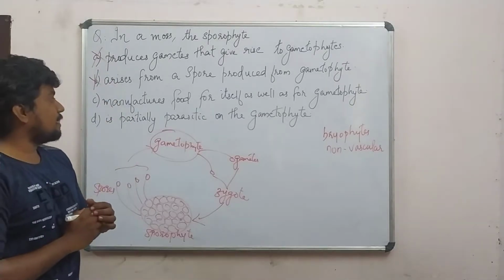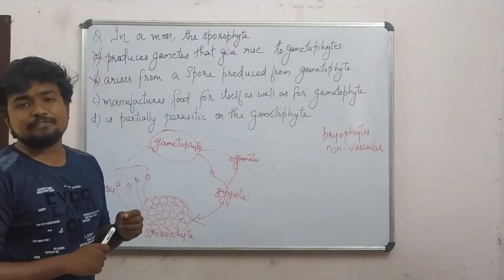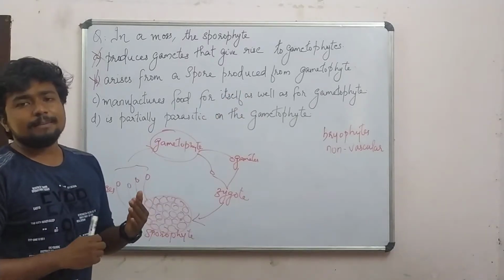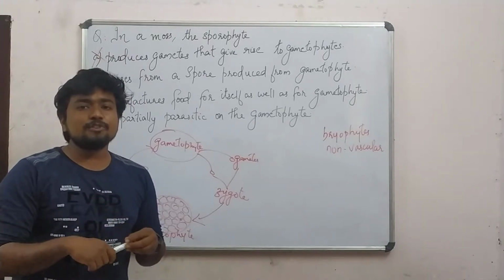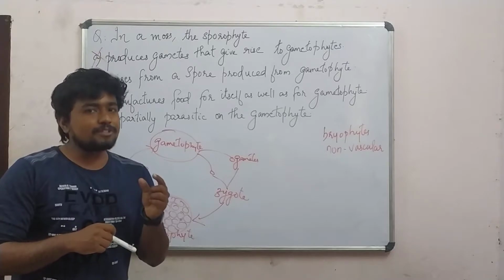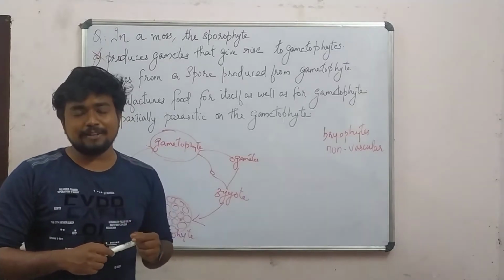Coming to the third option, manufactures food for itself as well as for the gametophyte. If a plant body wants to produce food on its own, then it should be photosynthetic in nature. It should contain photosynthetic material, that is, chlorophyll.